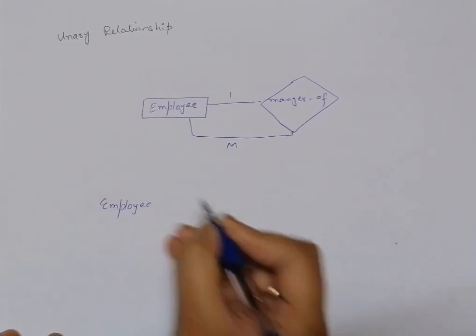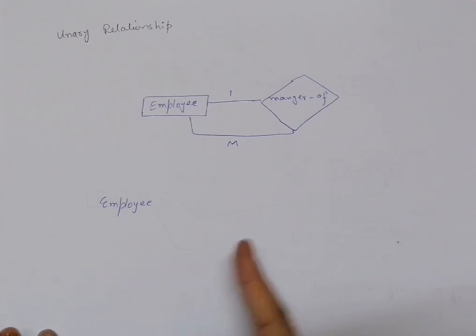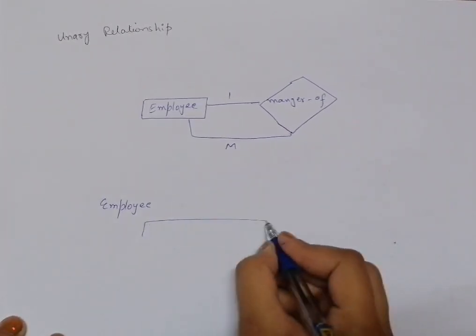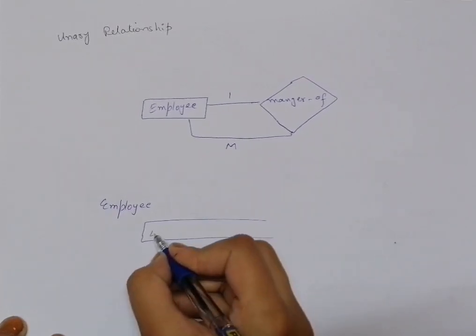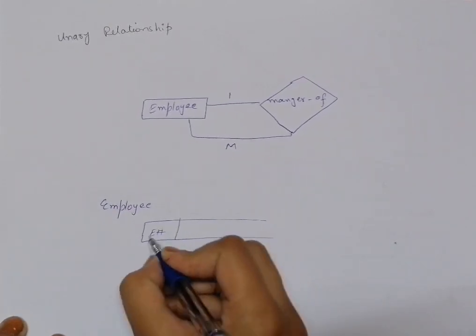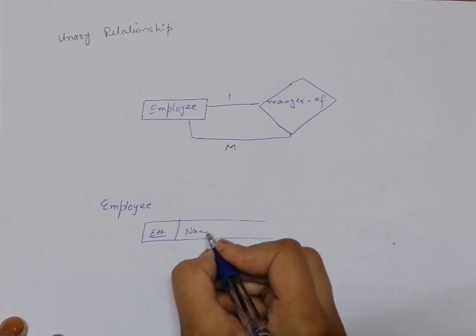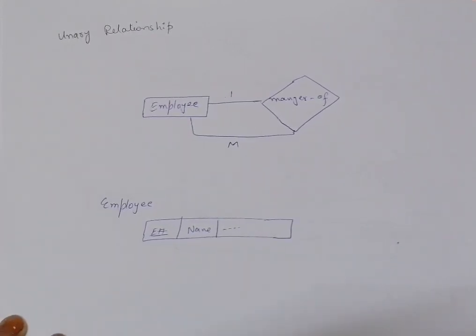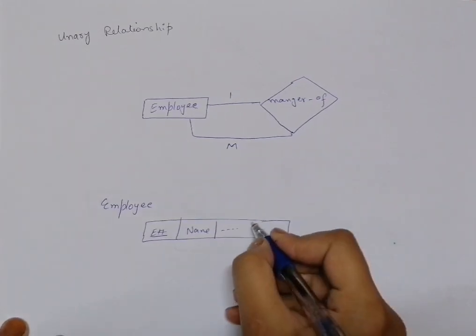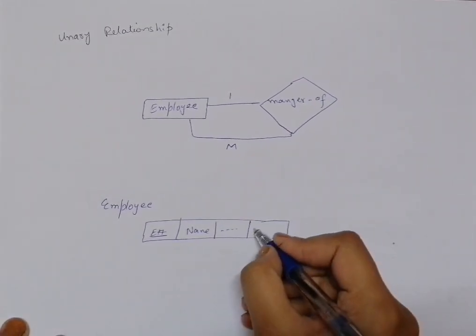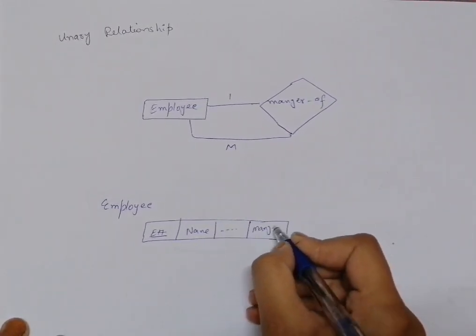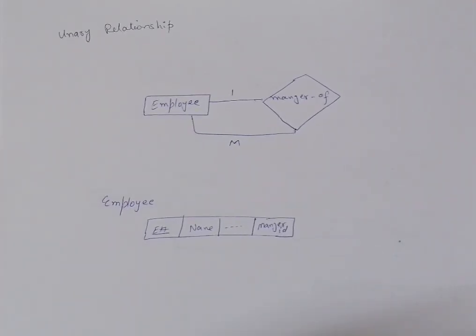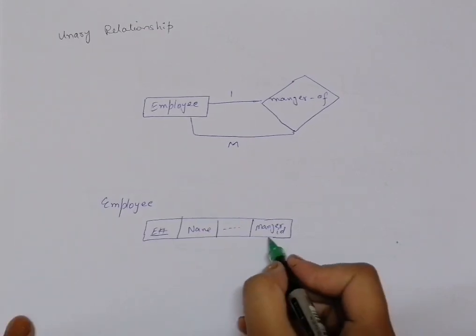In this case, how we convert it into the relational model is we create a schema for this employee, where the employee may have attributes like employee number as a primary key, employee name, and all other attributes as part of this schema. But since this is a unary relationship, we add another attribute, manager ID, and this manager ID is the same as the employee ID.